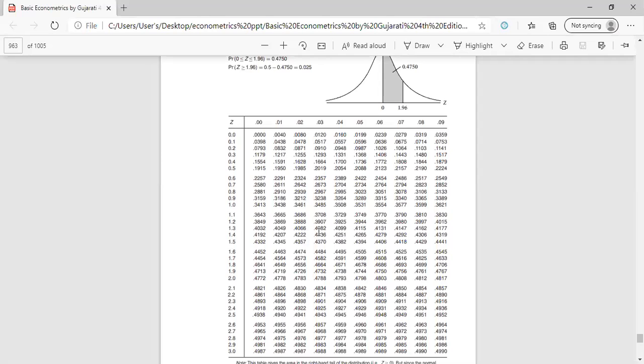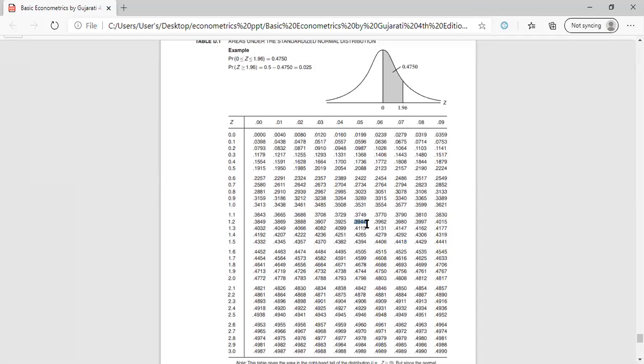Where is 1.25? Here is 1.2, here is 0.05. So the intersection of 1.2 and 0.05 is 0.3944. Very straightforward. Any questions?